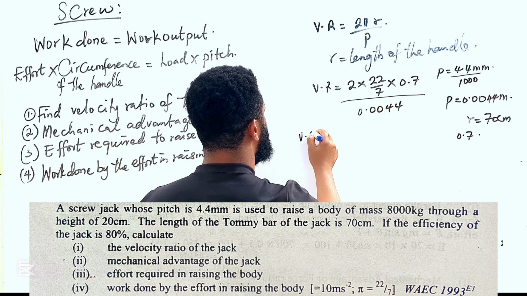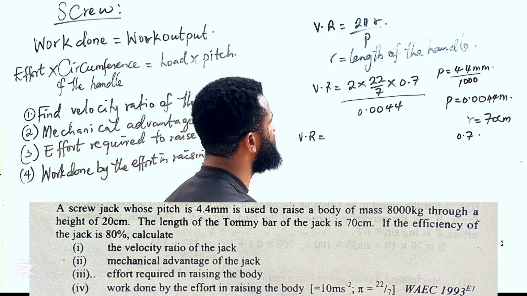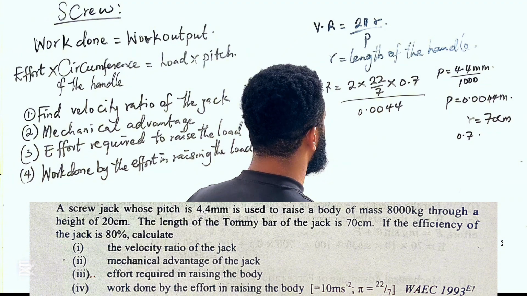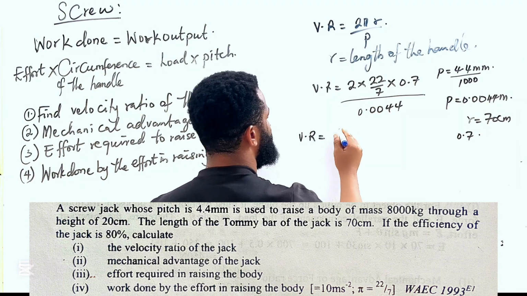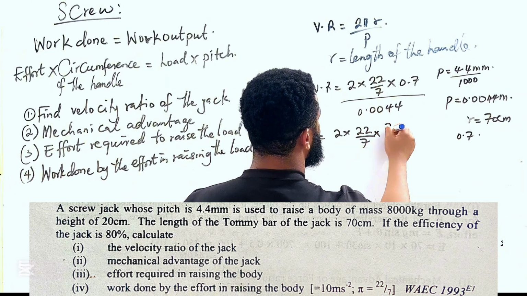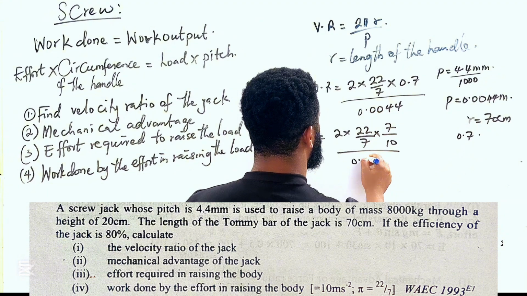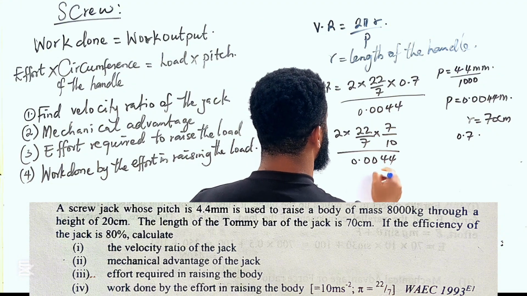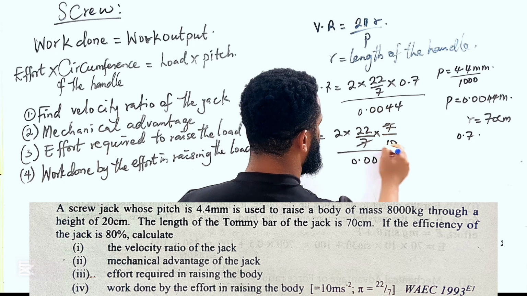So velocity ratio is given as, let's do the calculation. If I do that, I'm going to have 2 times 22 over 7 times 7 over 10, all over 0.0044. So the 7 is going to cancel the 7, and this is going to be 44.